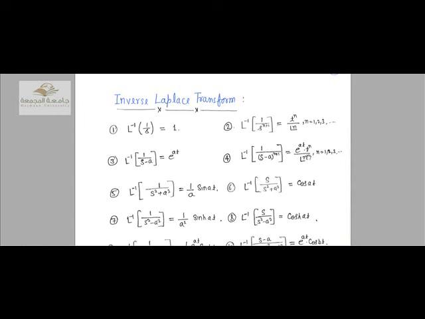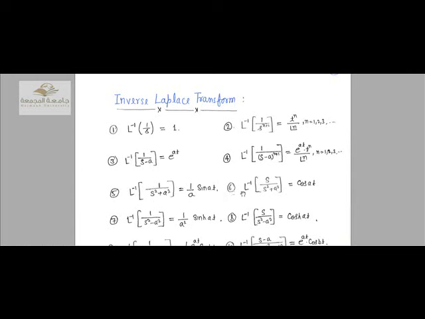where n is equal to 1, 2, 3 and so on. Fifth one, L inverse of 1 by s square plus a square is equal to 1 by a sine at.